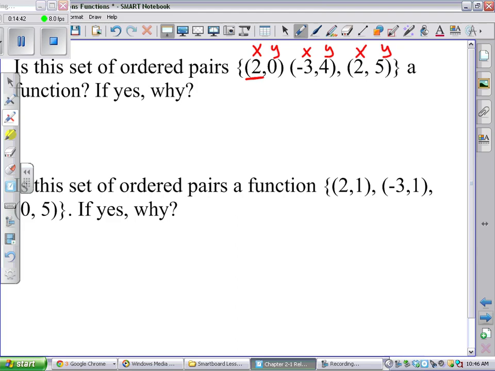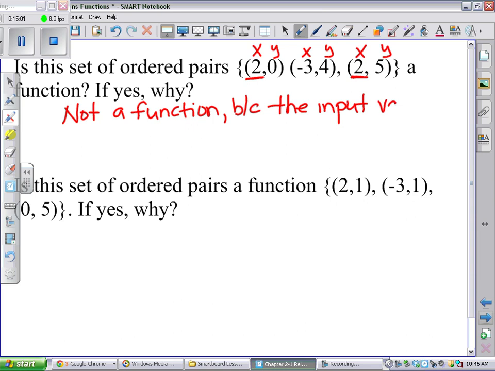I have two input values with the same value. So this is not a function because the input values repeat.